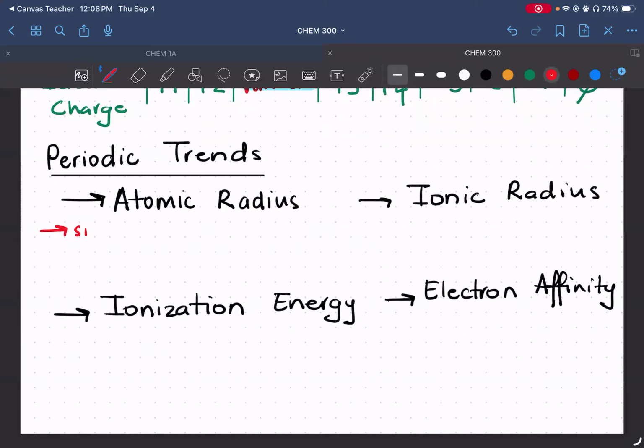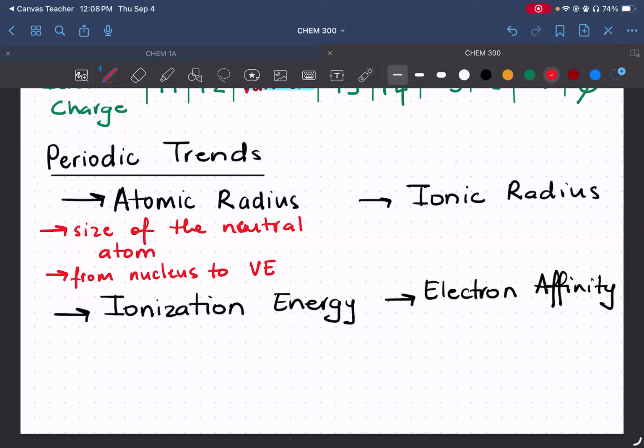Atomic radius is the size of the atom, specifically in its neutral form. The distance from the nucleus to those valence electrons on those shells. It is the size of the atom overall. Ionic radius takes up the same idea. However, instead of being the size of the neutral atom, it's specifically the size of the ion, whether it be anion or cation.